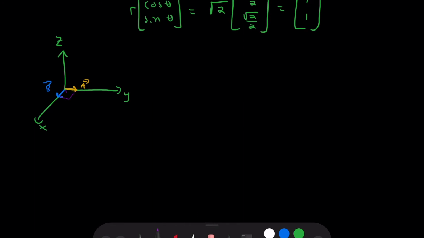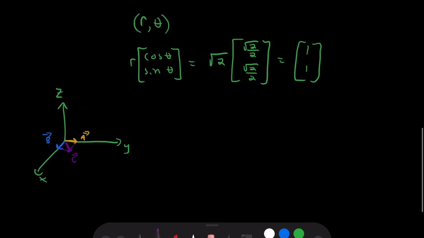So this right here was vector C. And that was theta going counterclockwise from the x-axis.